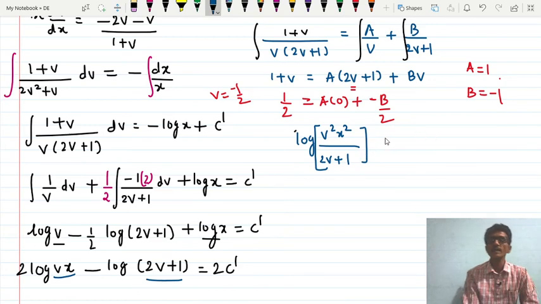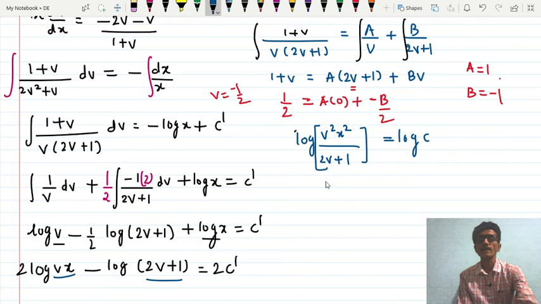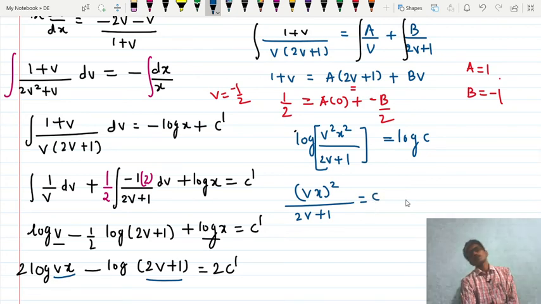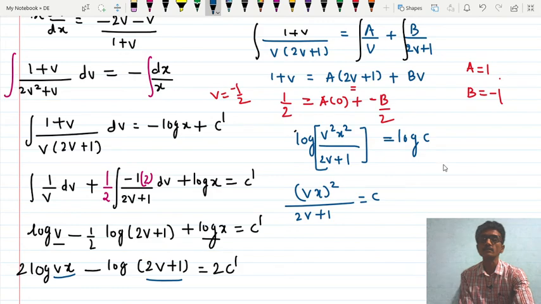And this 2c dash we will write as log c, so that vx square upon this 2v plus 1 equals c. But vx is y and v equals y upon x.